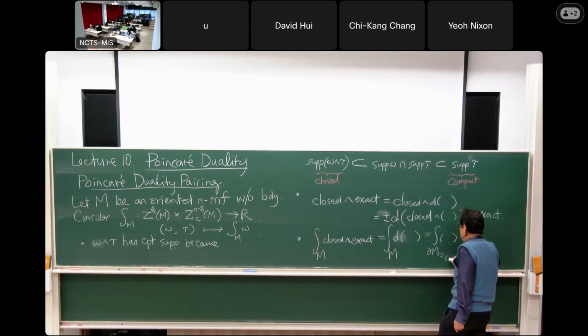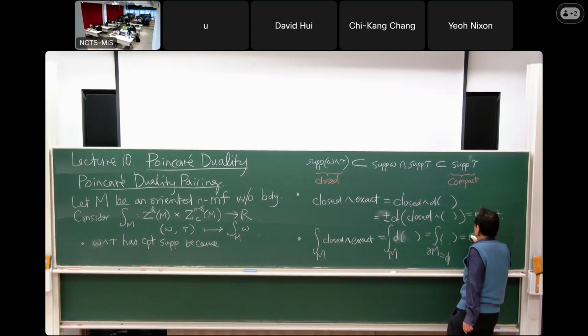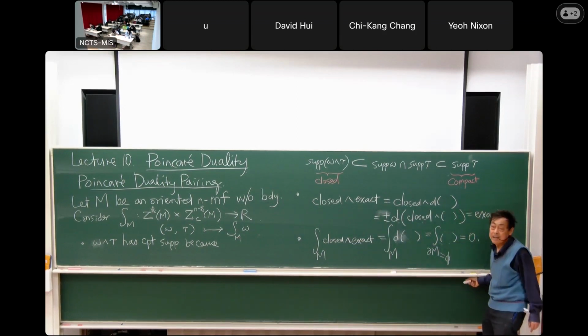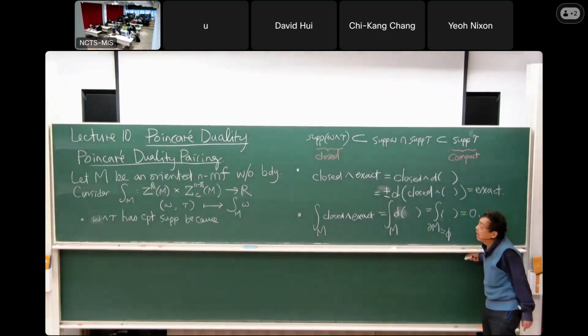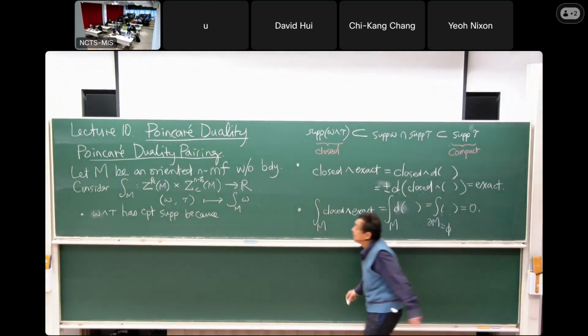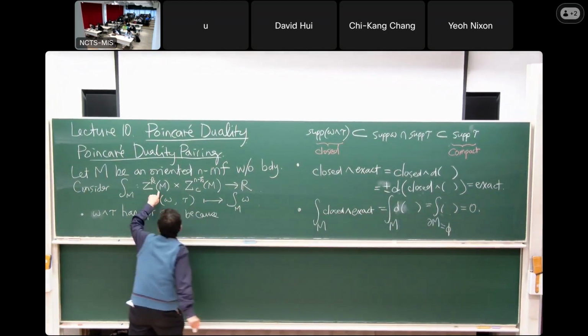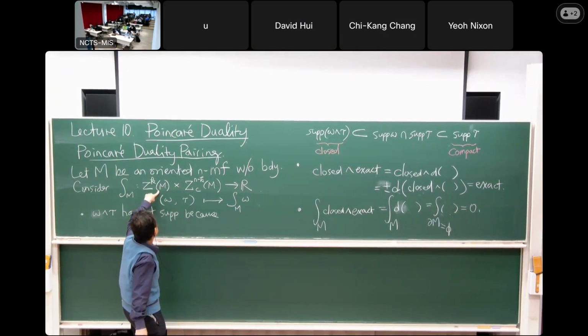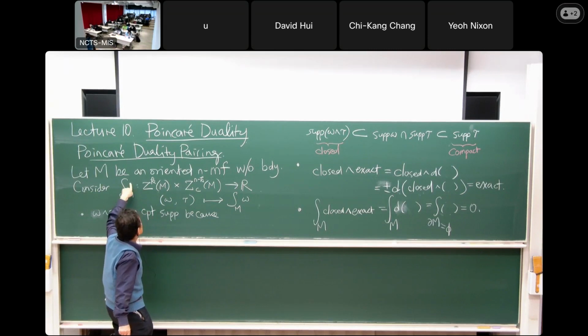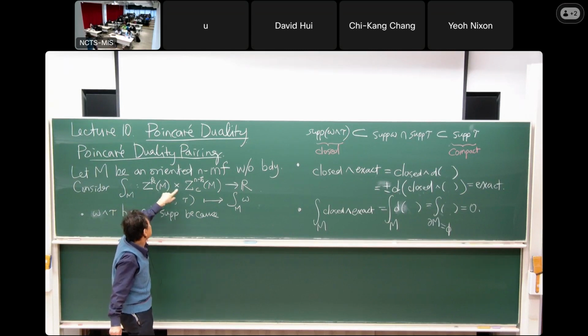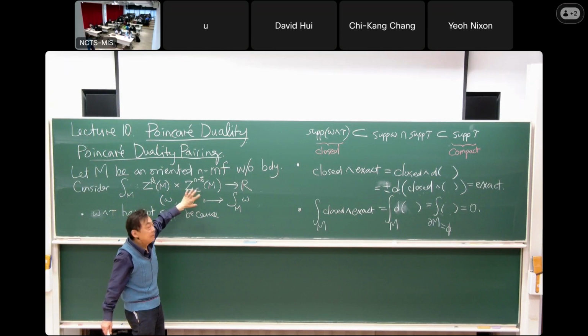So this will be 0, okay? What this says is that this integral will induce a map on the closed forms modulo the exact forms, right?